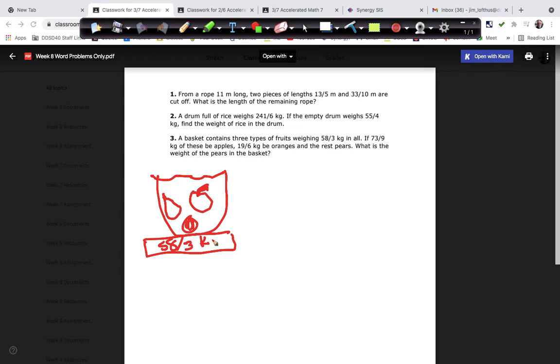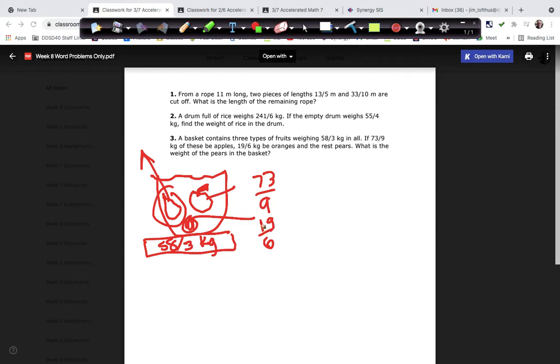thirds of a kilogram. If I take out the pears, if I just remove those, and I add the other two together, then the apple is 73 ninths, and the orange is 19 sixths.